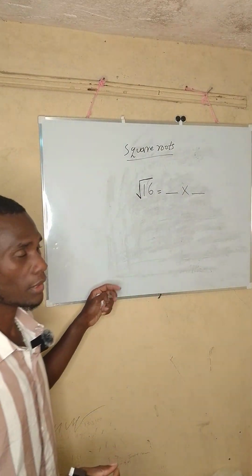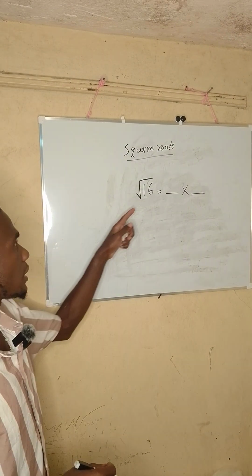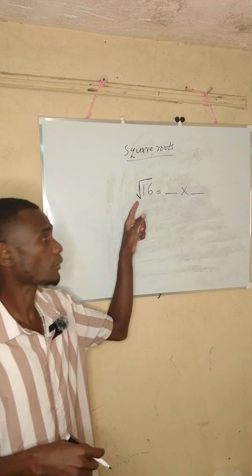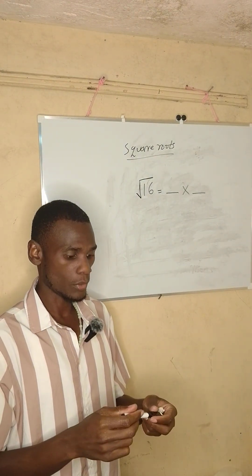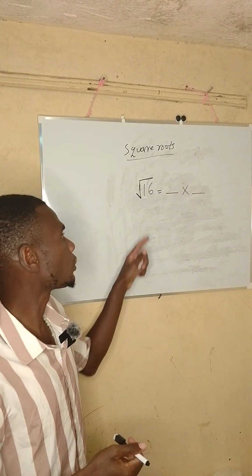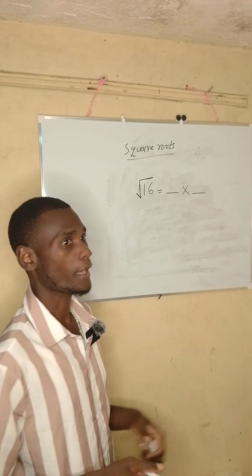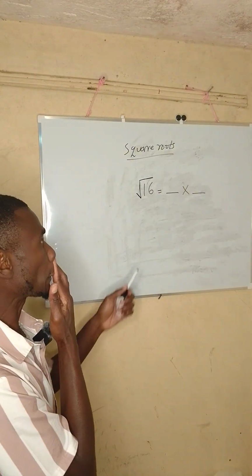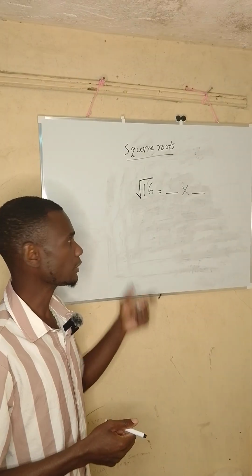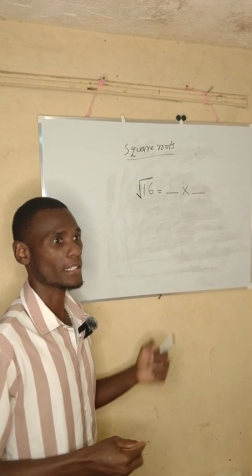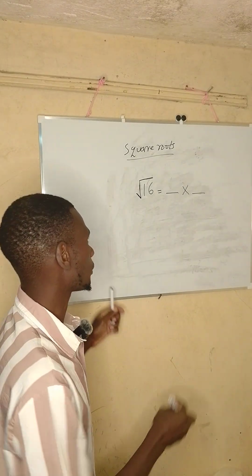So that is what they want. Anytime you see a sign like this, it simply means find this number that was multiplied by itself to give you 16. And for us to get that number, there is always a method that is used, and that is the method I'm going to show you.